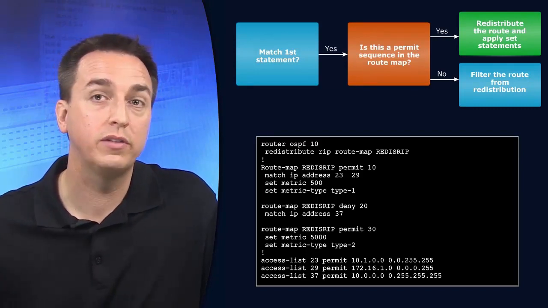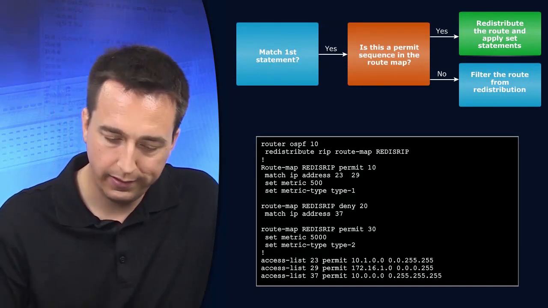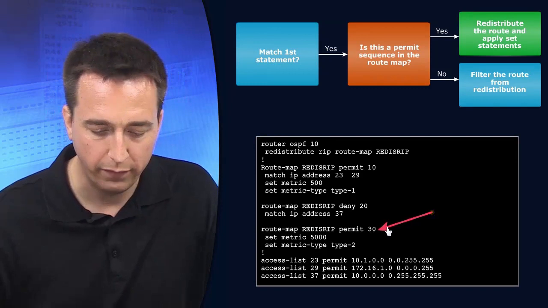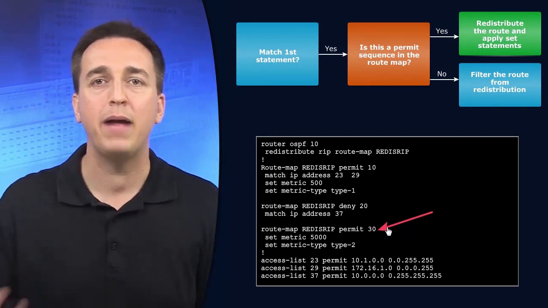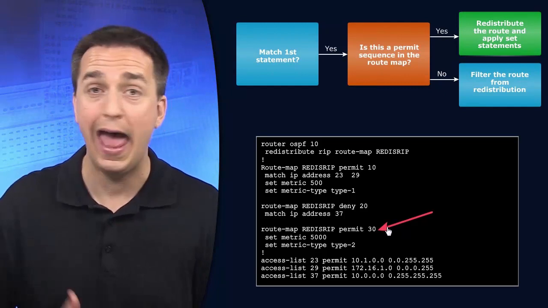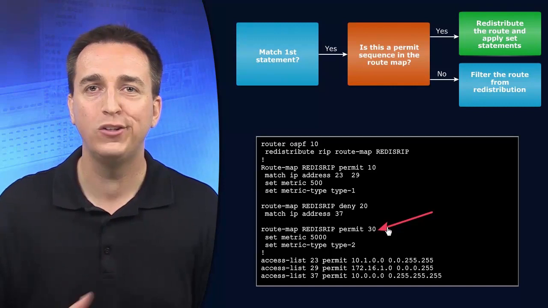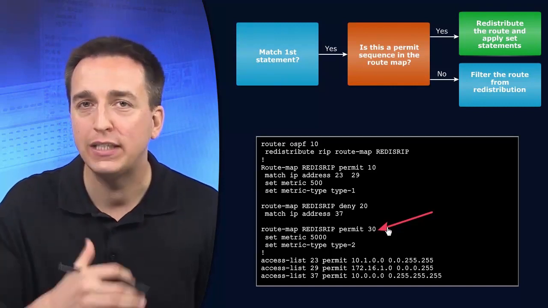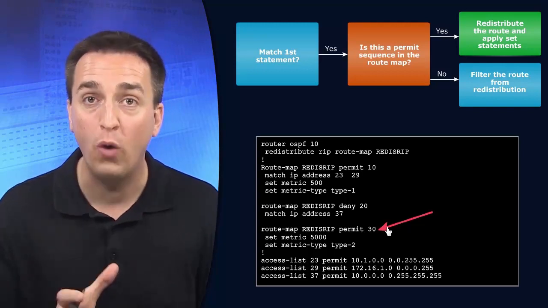However, what about everything else? Maybe there's some other routes that we want to redistribute as well. Let's look at sequence number 30. Sequence number 30 says redistribute everything that matches the match condition. And I don't see a match condition, so what does that mean? I want you to yell it out loud. If you do not see a match condition, folks, in a sequence for a route map, what does it mean?